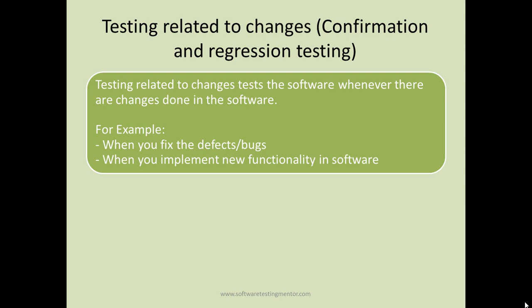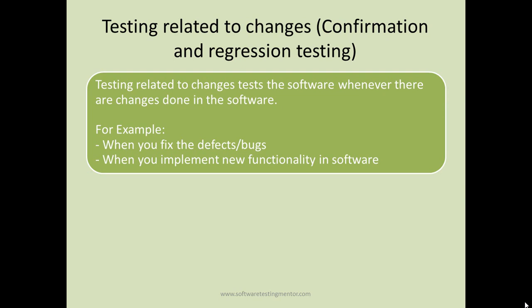Whenever you make these changes in the software, testing related to changes needs to be done. If you are fixing a defect, then confirmation testing needs to be done to verify whether the defect that has been fixed is working now and does not exist anymore.